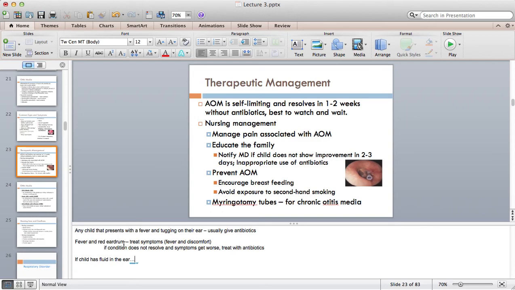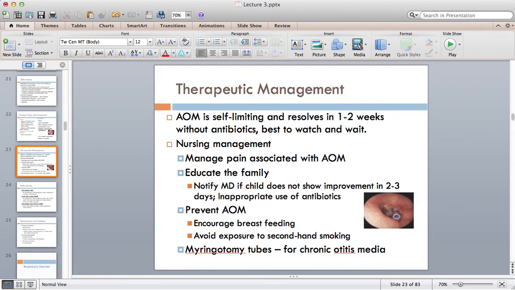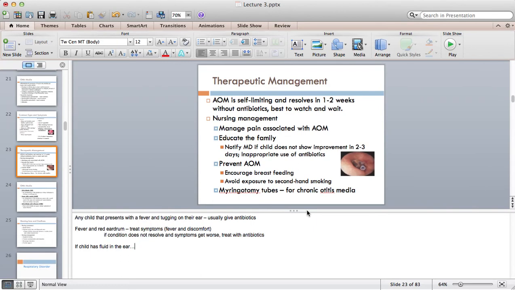For chronic otitis media, sometimes they have to put the tube in to help with the drainage, and they'll treat with antibiotics. Because if you don't, remember, infection has no limitation to only the ear. That infection can migrate to any part of the body, including the brain.